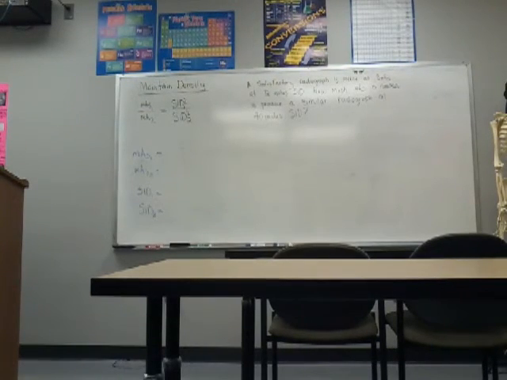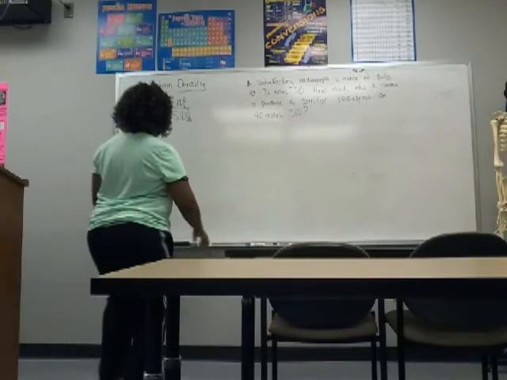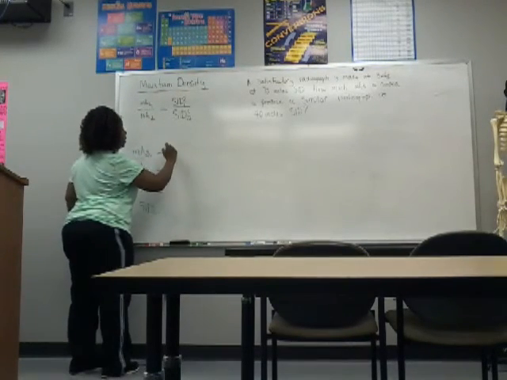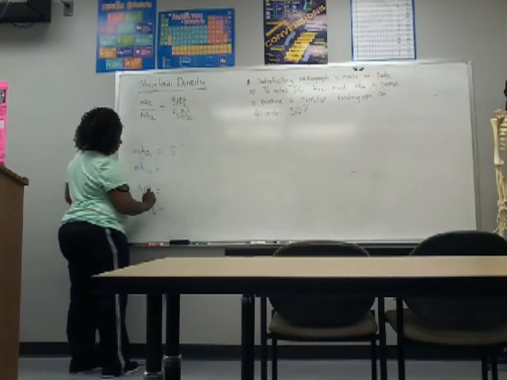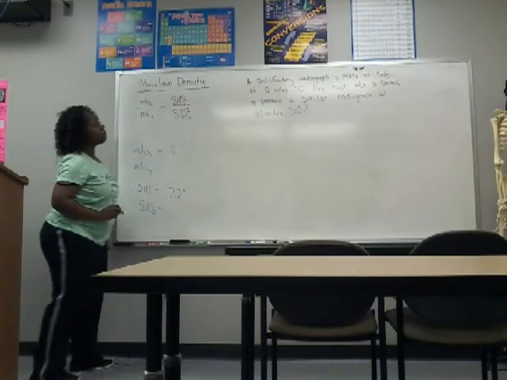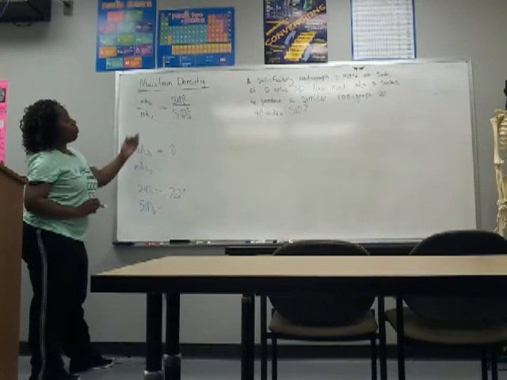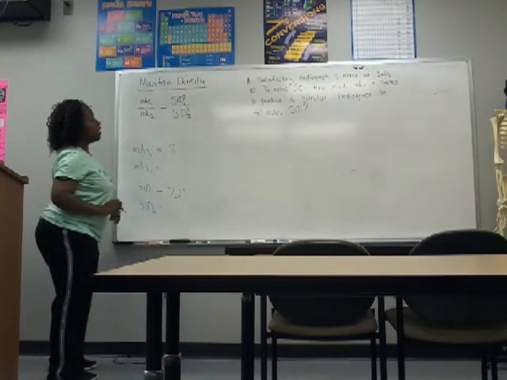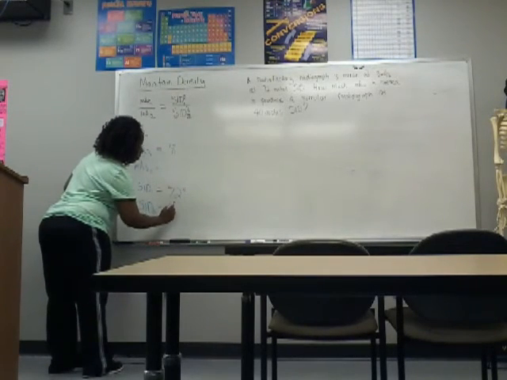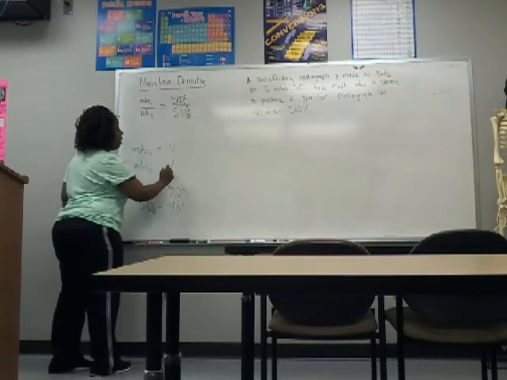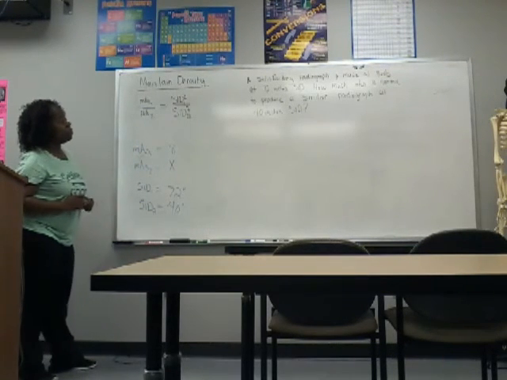And then we know what the first SID is, which is 72. First mass, 8. First SID, 72 inches. And then we're going to figure out what happens when we change our SID to 40 inches. But we need to figure out what is our new mass.